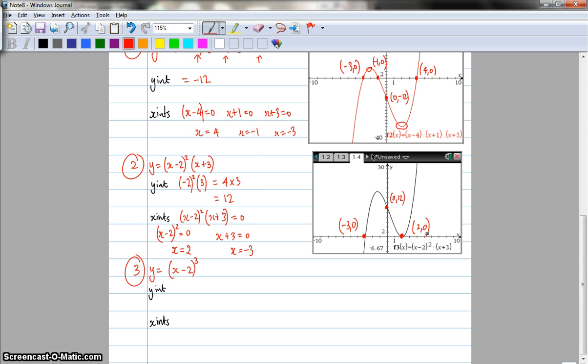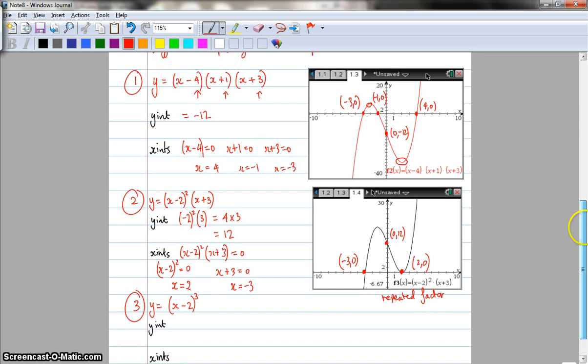I can tell you that if you have a squared on the bracket, like we do in this case, it's called a repeated factor, and I'll write that down, repeated factor, which means rather than crossing the x-axis, it kind of bounces on the x-axis.